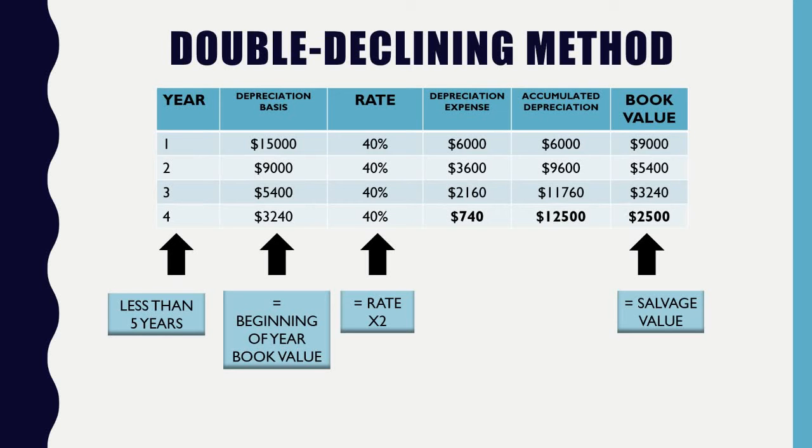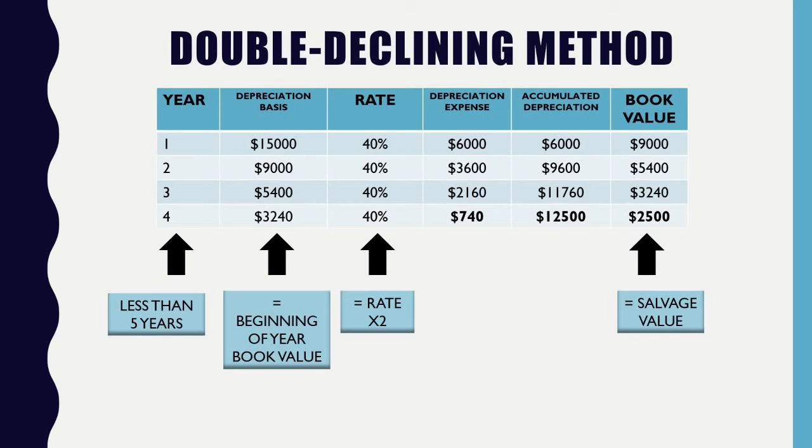The rate will always be 1 over the estimated life times 2. So if you solve for 1, the rest of the problem is pretty much straightforward. It's going to stay the same rate. And of course, your depreciation expense will depend on your depreciation basis, so you're just multiplying them across.